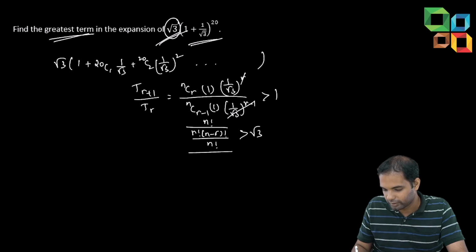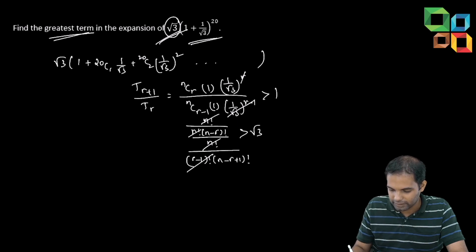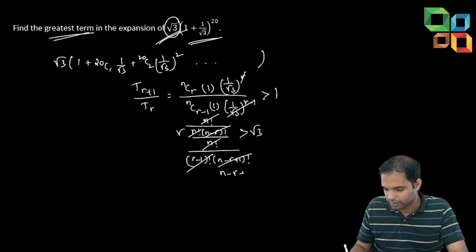Denominator is n factorial by r minus 1 factorial into n minus r plus 1 factorial. So n factorial cancels. r minus 1 factorial here, r will remain. If we cancel this, n minus r plus 1. Just taking the reciprocal because it's the denominator, we'll get n minus r plus 1 by r.